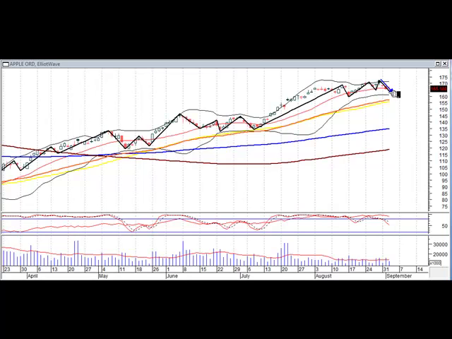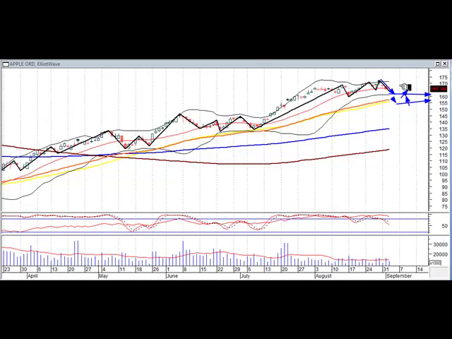Start bracketing this and say, okay, if it reaches 160, are we seeing buyers coming in right there? If we're looking at 150, above 155, I'm sorry, are we seeing buyers coming in? Once you start seeing that trend, you can say, okay, this is a good place that I can buy Apple long term.